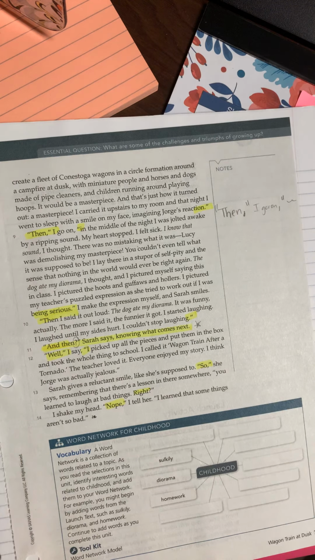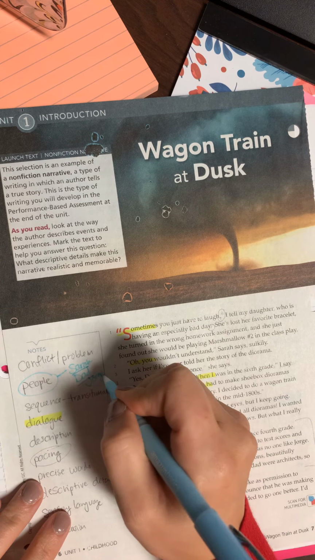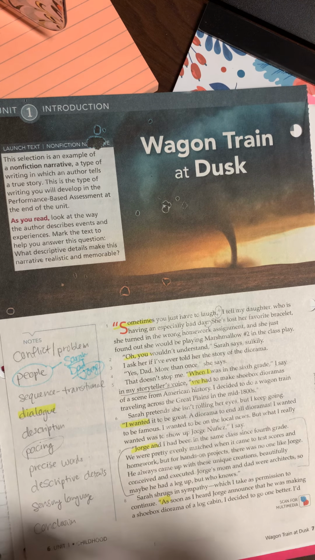Okay. And I think that's about it. I might be missing a character, but those are the main characters: Sarah, her dad, and then her dad's friend, George. He isn't really in the story, but her dad talks about him. Okay. All right. Mrs. Burke. Yeah.